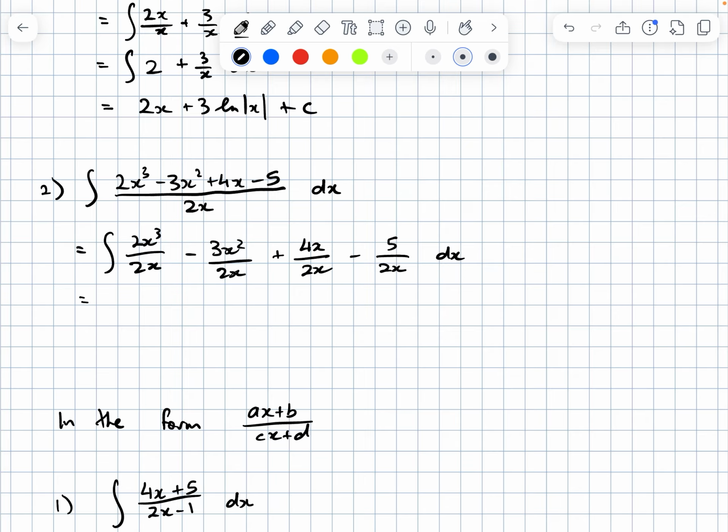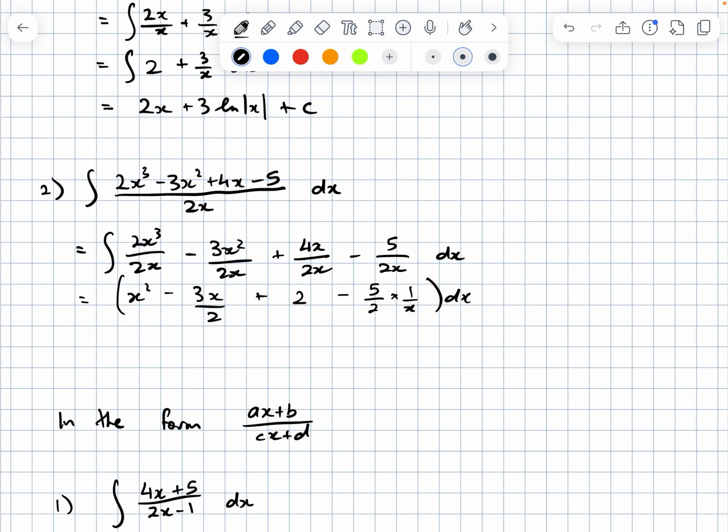Then we simplify. That will give 2 over 2 is 1, x cubed over x is x squared, minus 3x over 2, plus 2, minus 5 over 2 times 1 over x, dx.